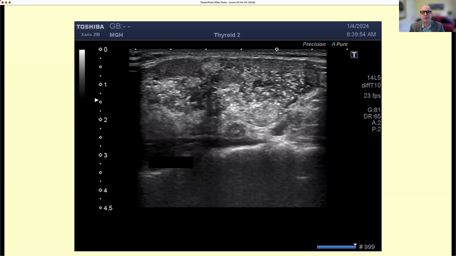Where do you see the nodule? This is an entire thyroid lobe. So there's no thyroid nodule in here. This is classic for autoimmune thyroid disease. It looks very nasty, but it's part of the autoimmune process.